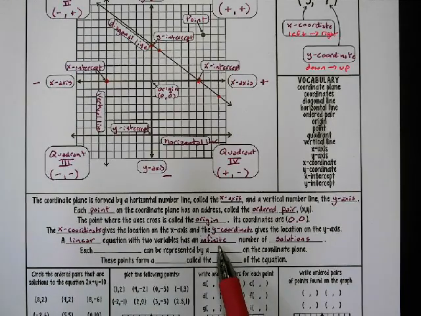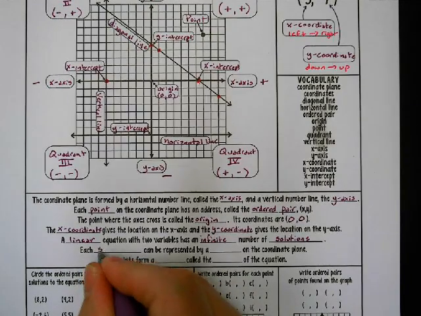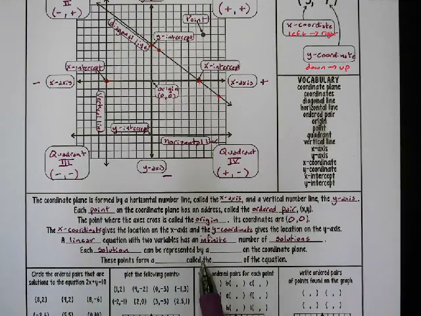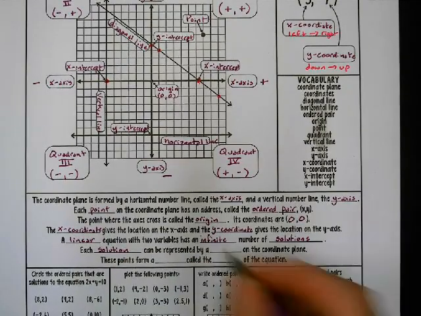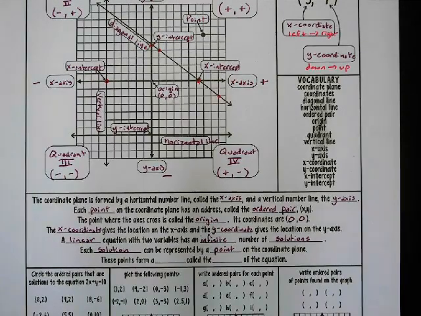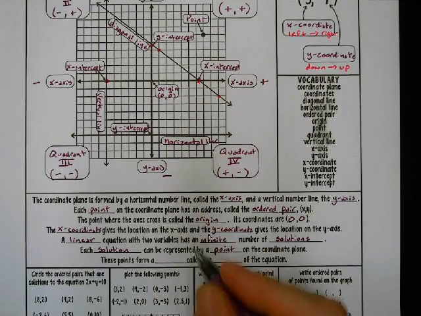Each solution can be represented by a point on the coordinate plane. So each point on the line is a solution to the equation. These points form a line called the graph of the equation.